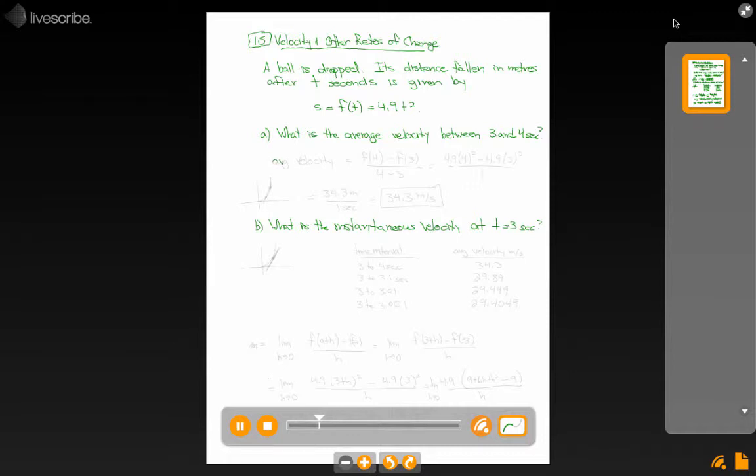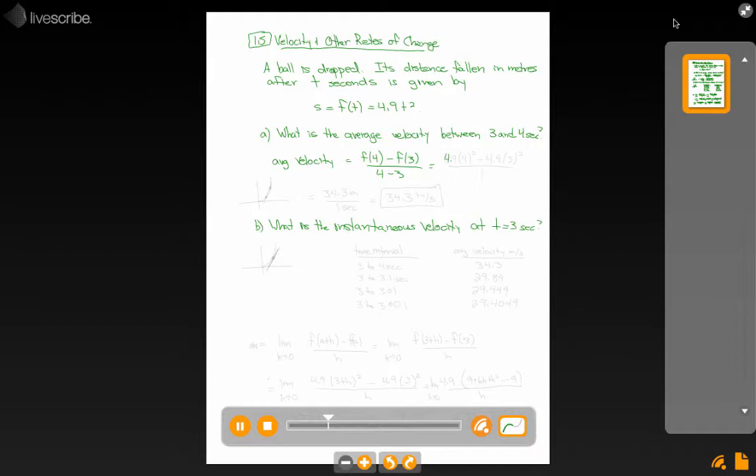Average velocity is a bit of an easier question because you have 2 points. So basically, average velocity is going to be my distance after 4 seconds, so f of 4 minus f of 3, divided by 4 minus 3. In other words, the distance it traveled divided by the time it took to do that.